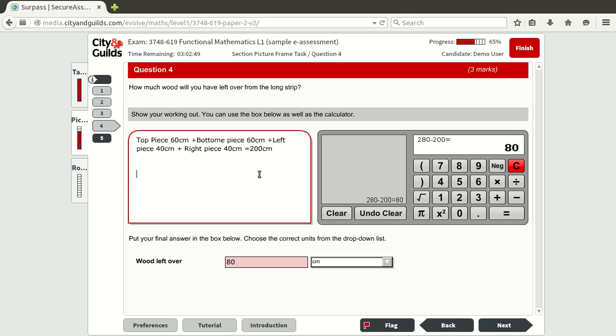So it's 280 centimeters minus 200 centimeters equal to 80 centimeters is left over. Okay, so this would be your answer for this question.